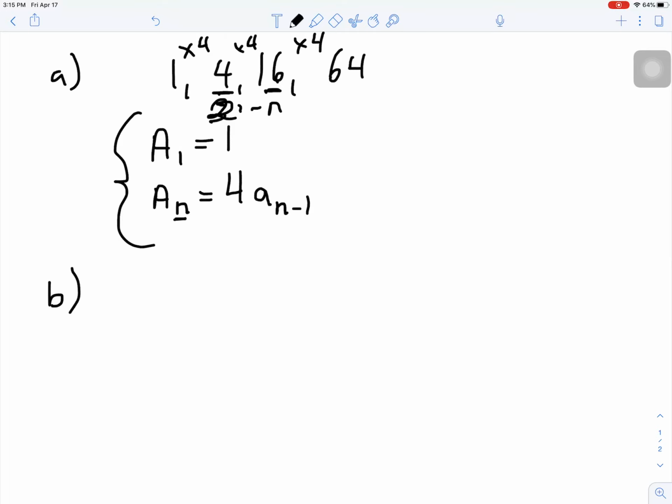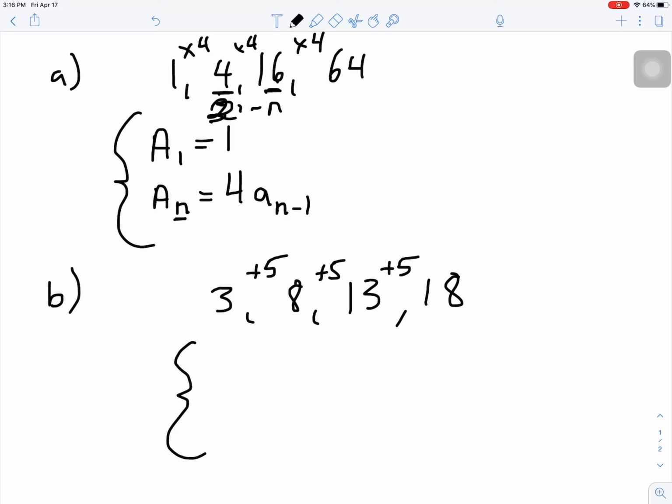Okay, so let's move on to B. Same sort of thing. We have 3, 8, 13, and 18. Now if you look for the pattern, you see that we're adding 5 every time. So try it on your own for a second. Hit pause, see if you can do it. Here you go.